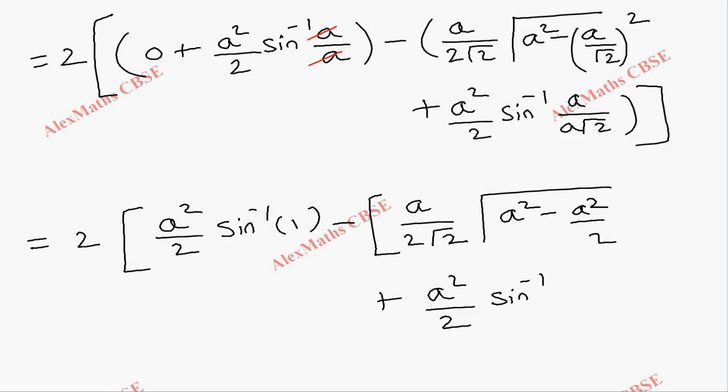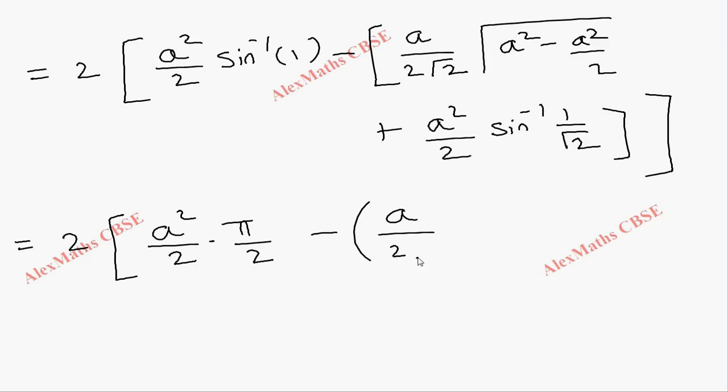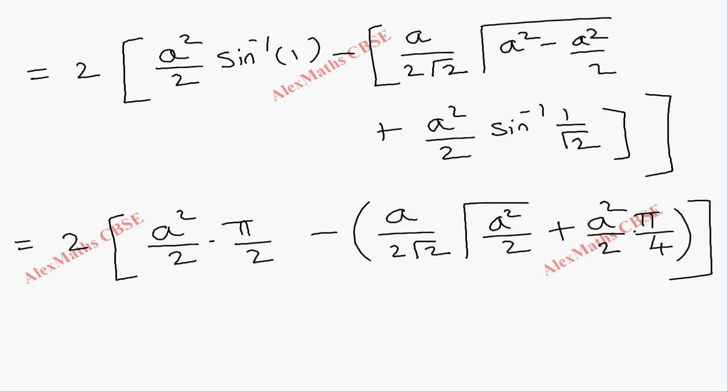After cancelling this a and a, we get 1/√2 inside the sin⁻¹, bracket close, and the full bracket close. Now this is 2, and this is (a²/2) times sin⁻¹(1), which is π/2, minus, open bracket, a/(2√2). Here a² − a²/2 is a²/2 after taking LCM. So I put that inside the root, plus a²/2, and sin⁻¹(1/√2) is π/4. Bracket close, and we close this.